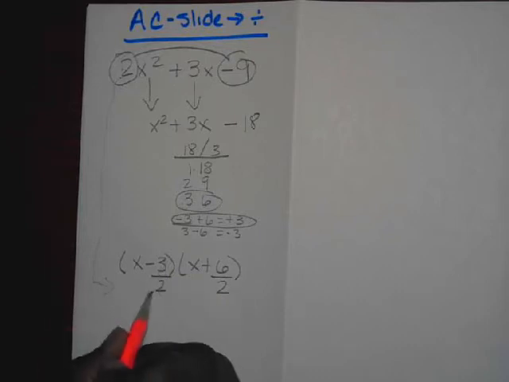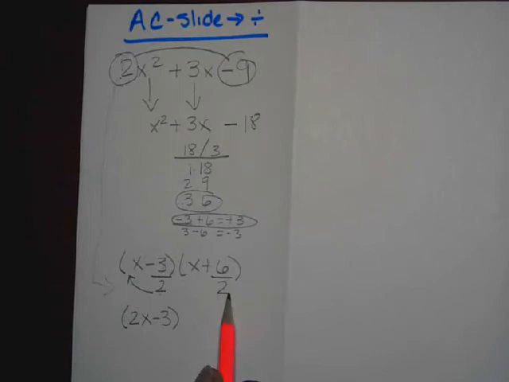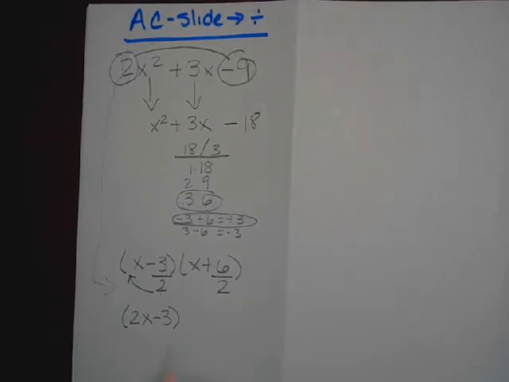So I slide that 2 over to the front, and this becomes 2x minus 3. Will 6 divided by 2 simplify? Hey, hey, yes it will. It simplifies to 3. Bam, there's my answer. I did the AC slide. Ha ha ha. I just wanted to make sure you were awake.